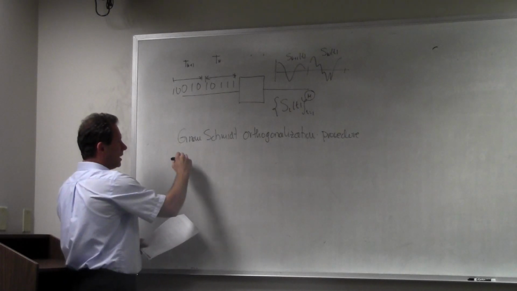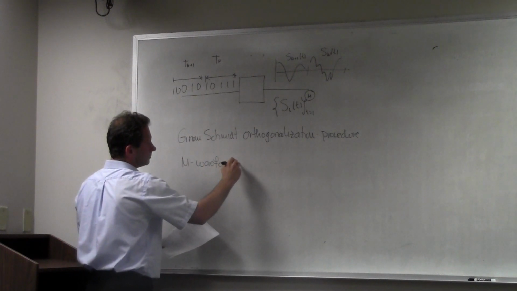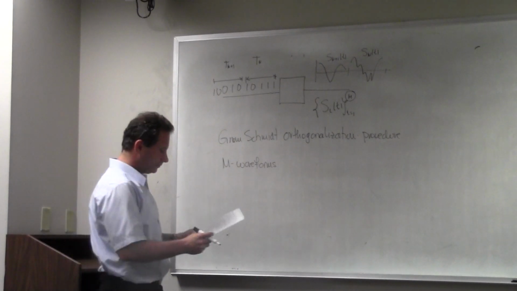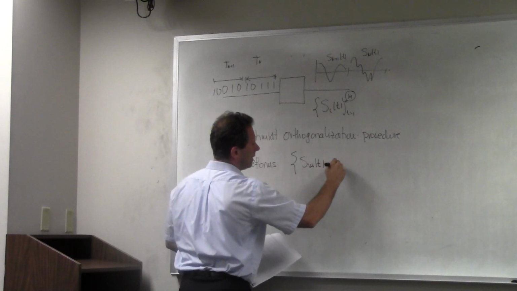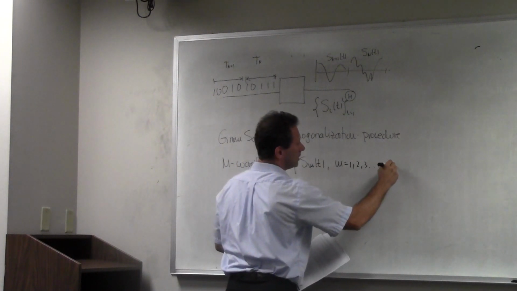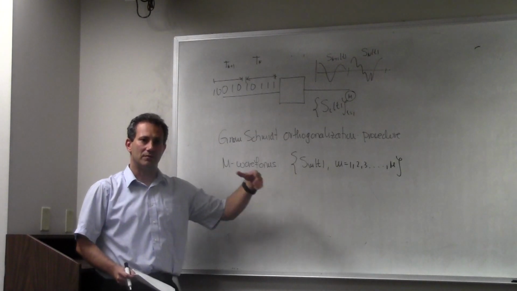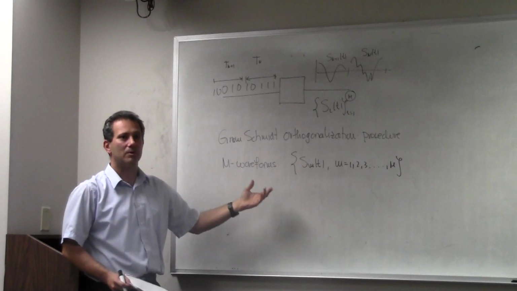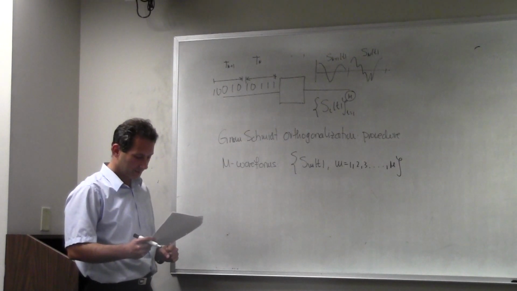So consider a set of M waveforms. Let's say we have M waveforms, s_m(t), where m goes as 1, 2, 3, all the way to capital M. Our goal is to find the basis of a signal set. You have a set of signals, and we're trying to find out the minimum number of signals that I need to represent all of the signals in this signal set.